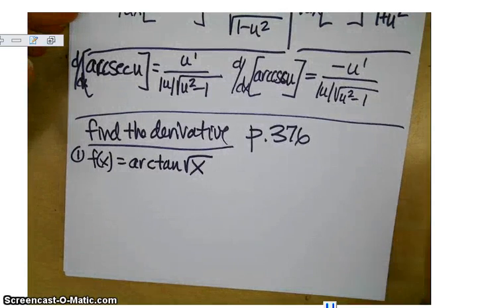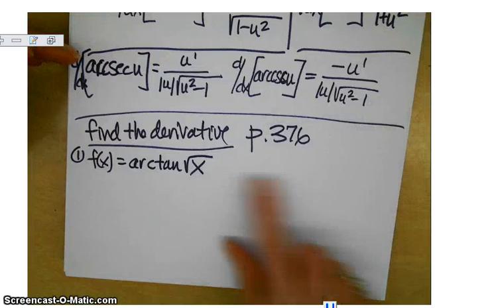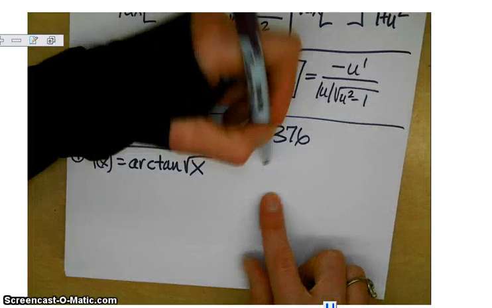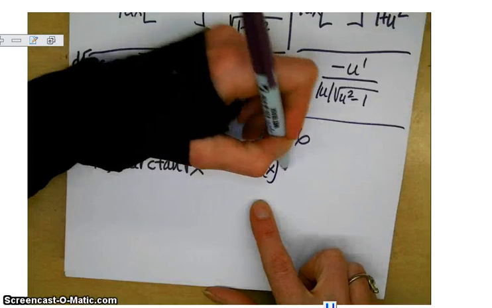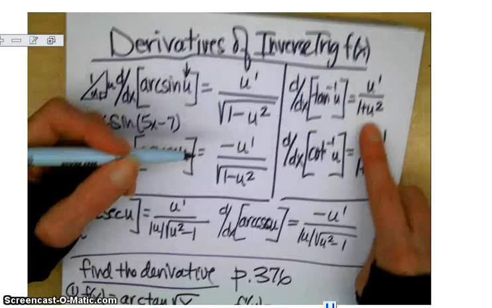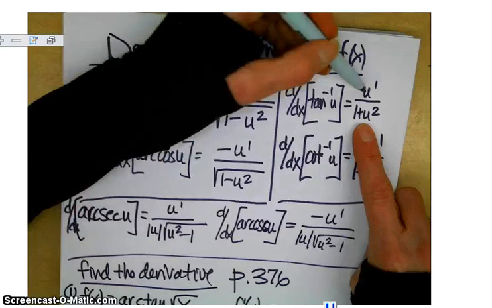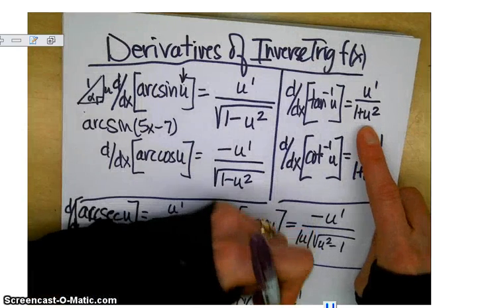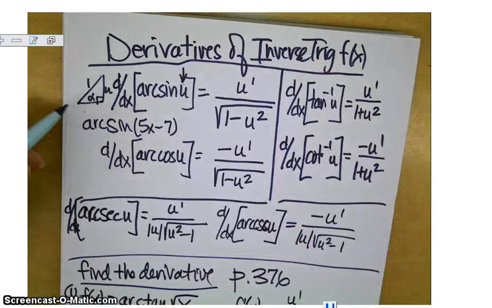Okay, so first thing I want to do is write down the formula that I'm going to use. So what's the derivative of the arctangent of u equal to? It's going to look like u prime over 1 plus u squared. This is what my derivative is going to look like.